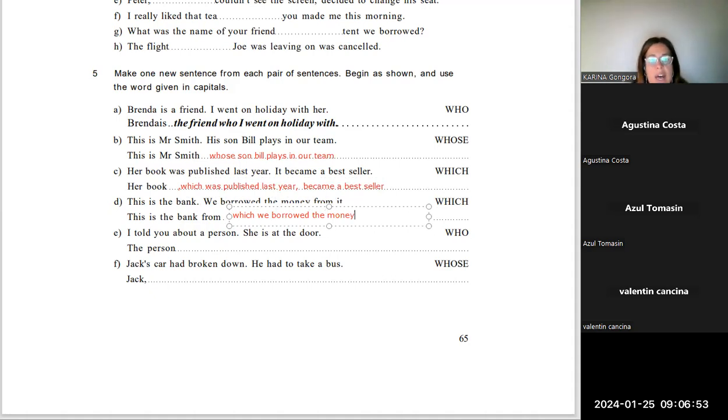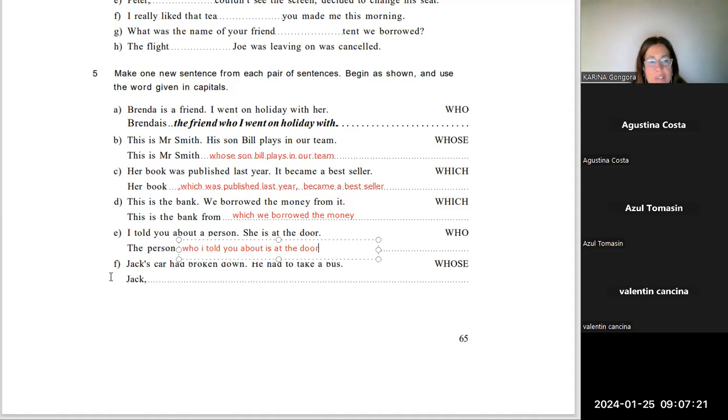Very good. I told you about a person. She is at the door. The person I told you about. I was going to write without. Okay, the person who, omitting the who, I told you about is at the door.